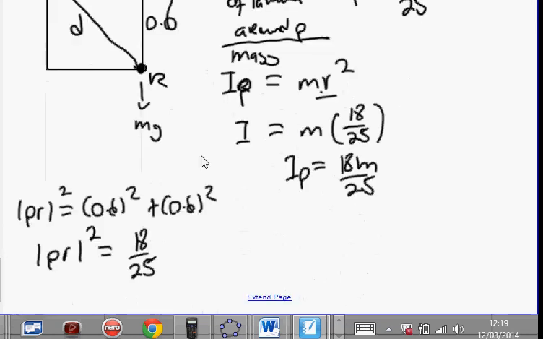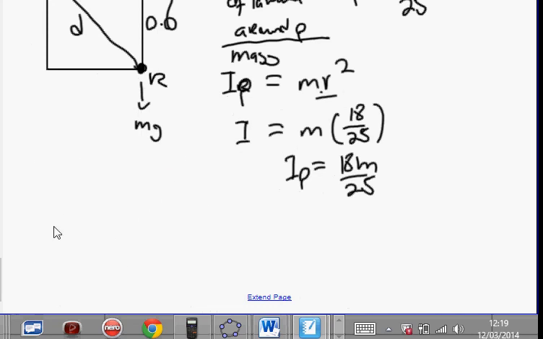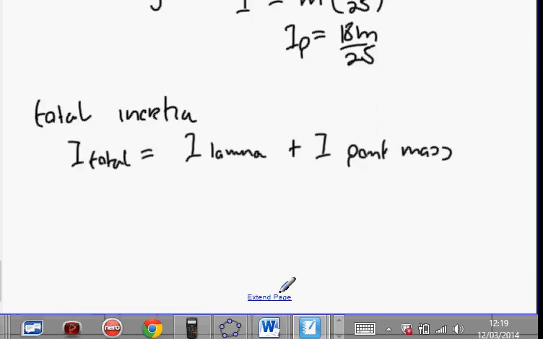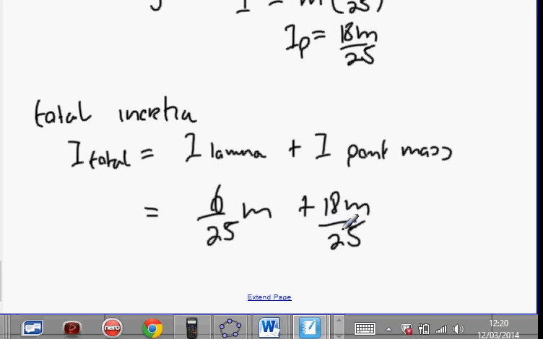Now, the total inertia, therefore, is going to be I total around P equals I of lamina only plus I of point mass. And when we add them together, we get 6 over 25 m plus 18m over 25. Okay?